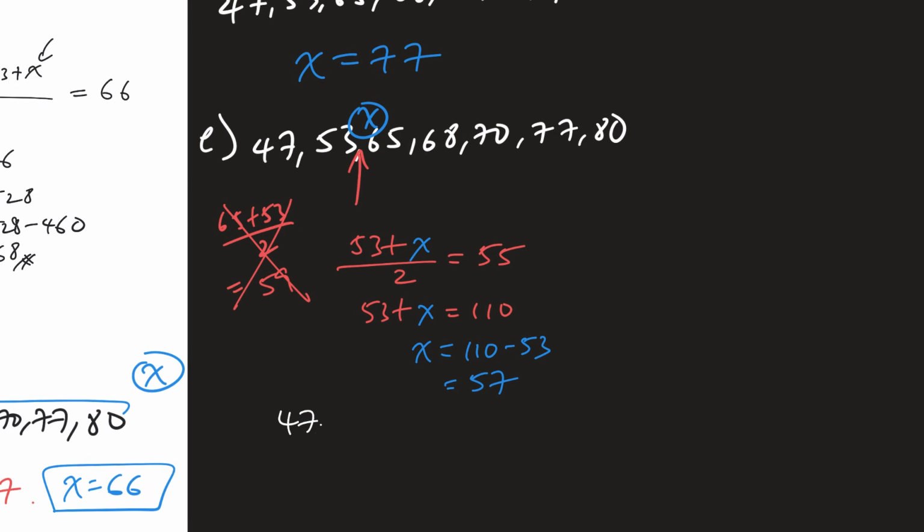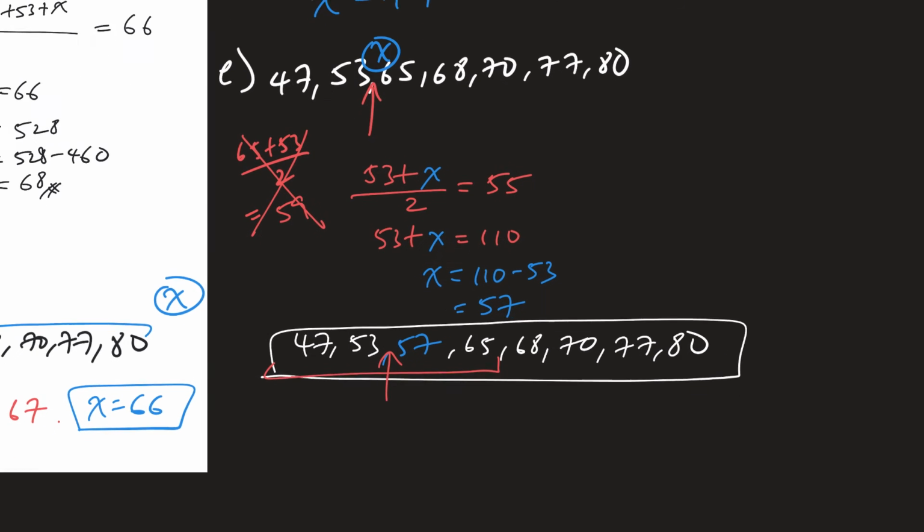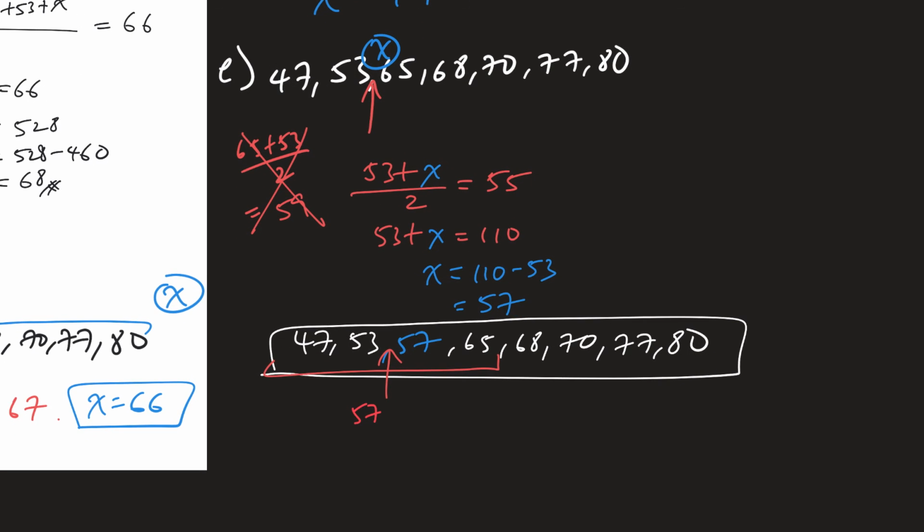If 47, 53, and let's say x is 57, and then we just continue. And we see from this data set that yes, this is my lower half, this is my lower quartile, and yep, it will give me 55. There we go.